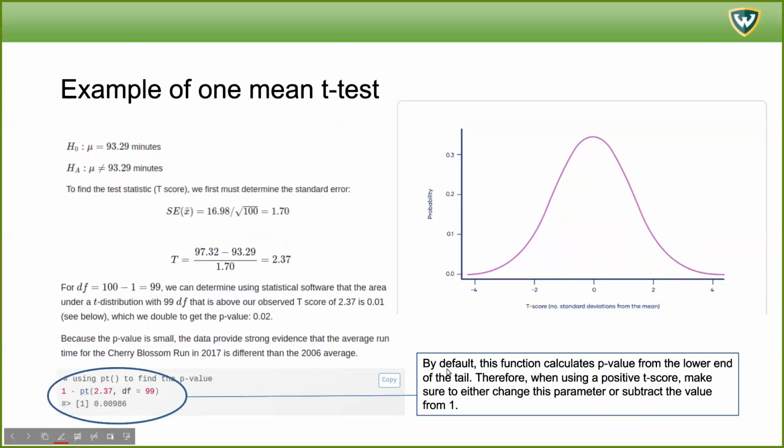Here's an extra message to remind you that by default, this function calculates the p-value from the lower end. It calculates everything on the curve from left to right. So when you have a positive t-score like this one, 2.37, the p-value is going to look really huge because it gives you everything of that value and less. And that's not what we want.